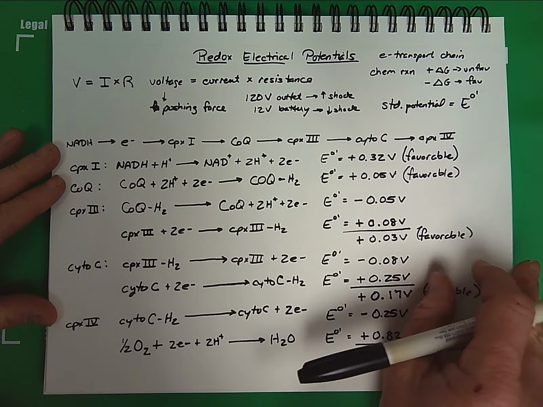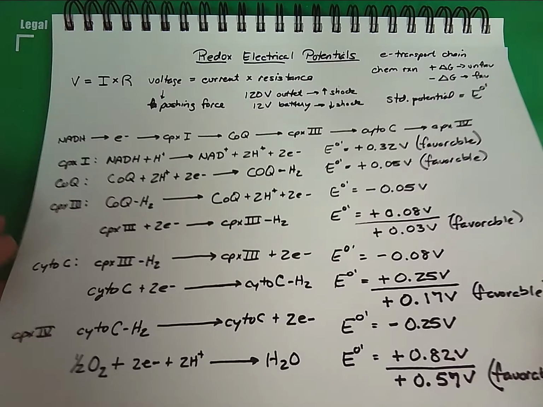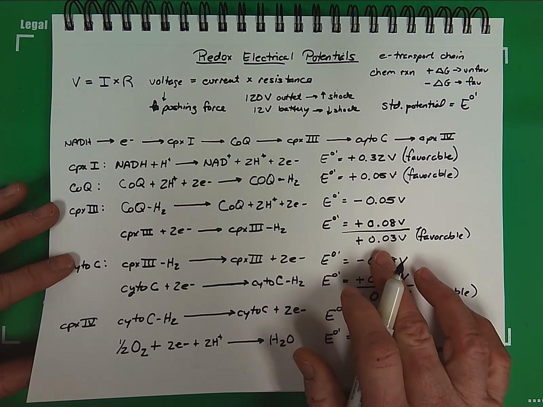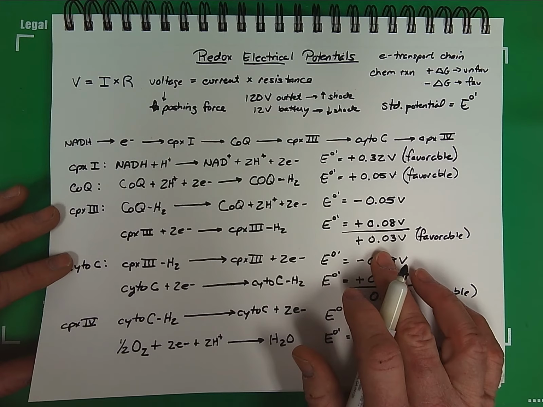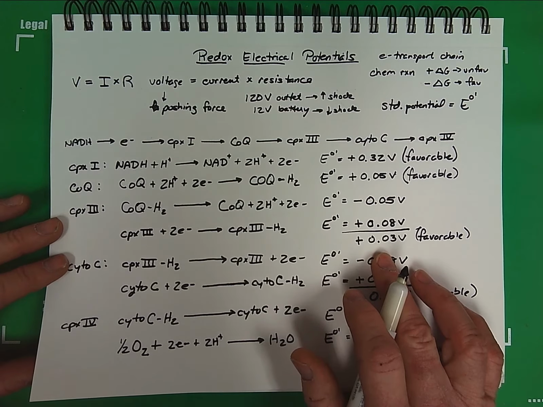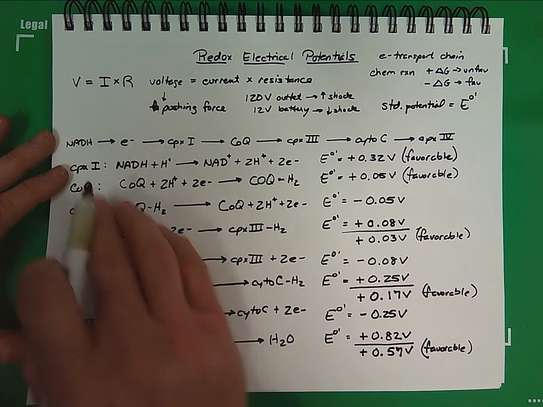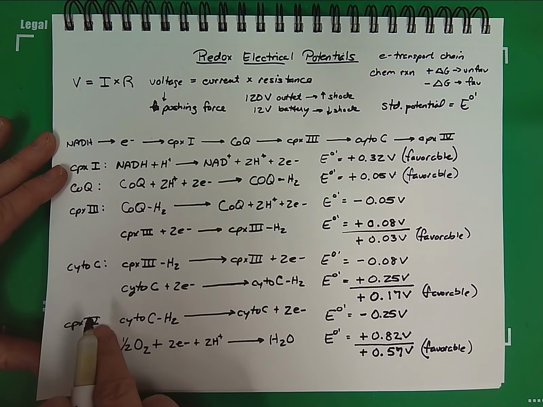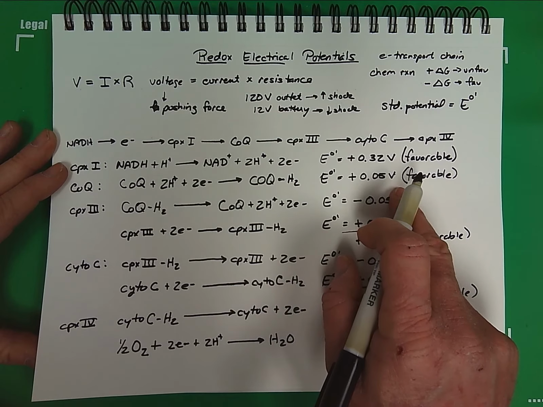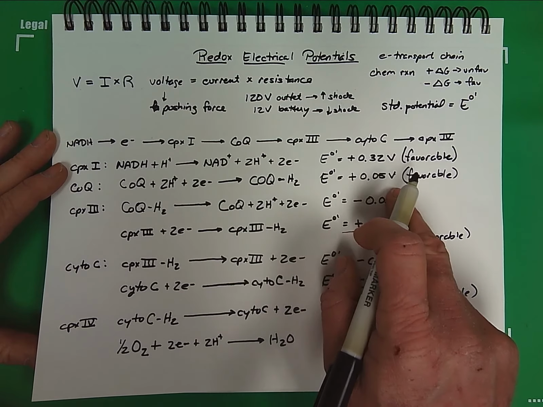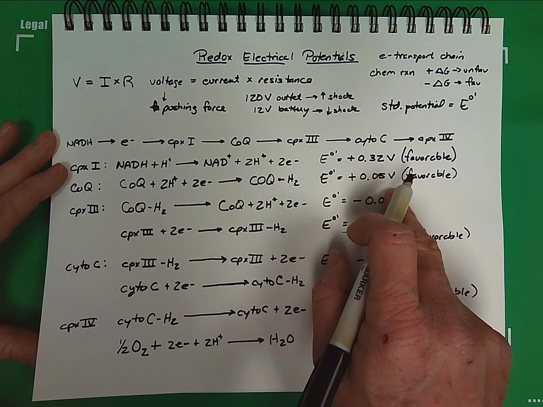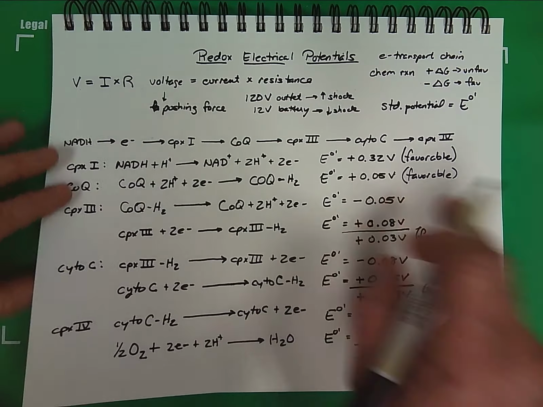Now, the whole purpose of this is, again, to generate the proton gradient across the inner mitochondrial membrane. Recall that complex 1, complex 3, and complex 4 are involved in pumping those protons from the matrix into the intermembrane space. The pushing force, the change in voltage, is going to be converted into energy to do this reaction.